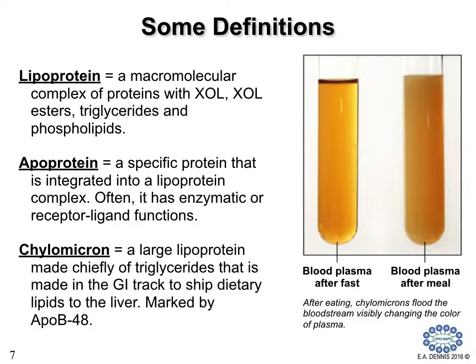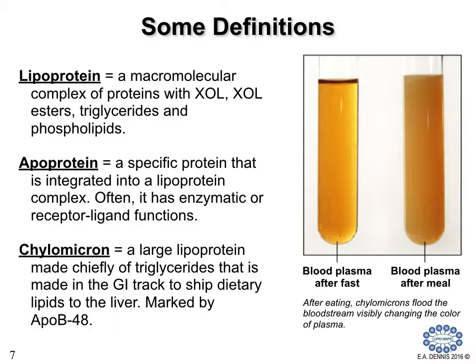Lipoproteins are really a complex of proteins, cholesterol, cholesterol esters, triglycerides, and phospholipids. It's a non-covalent complex, and this complex of lipids contains a protein that is termed the apoprotein, which is specific for the particular lipoprotein complex that one is examining.